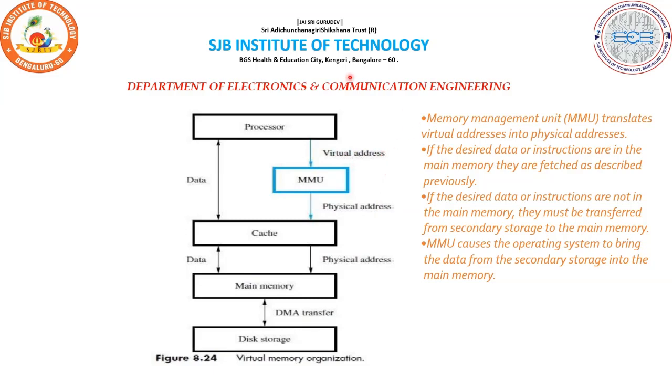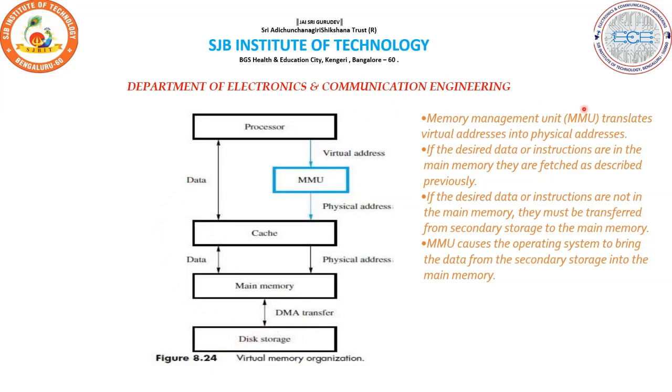This virtual address is converted to the physical address by the memory management unit. Then this physical address is used to copy the content of the memory element stored in the disk storage to the main memory, and it is taken to the processor. That is done by using direct memory access.